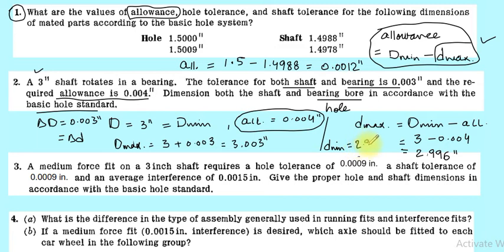So 2.996 minus this tolerance value, 0.003, that will be your minimum value of the shaft diameter. So sometimes you will not be given the type of fit.